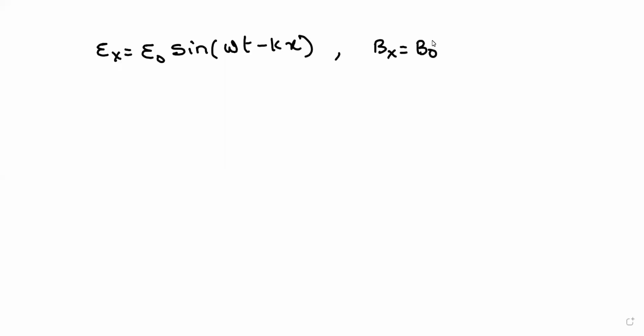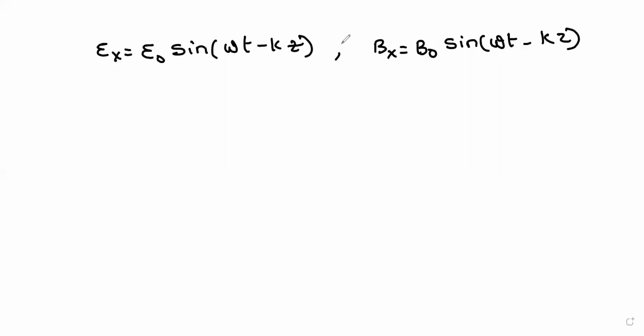So we wrote in the last class Ex is equal to E naught sine omega t minus kz, then Bx is equal to B naught sine omega t minus kz.